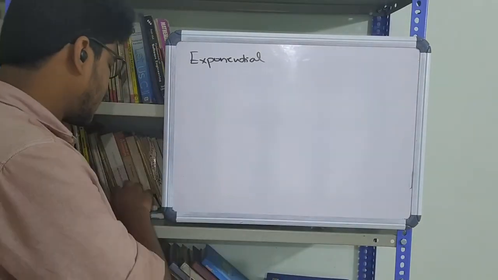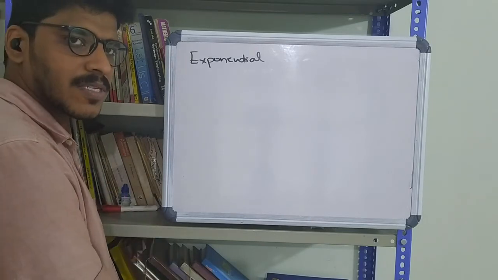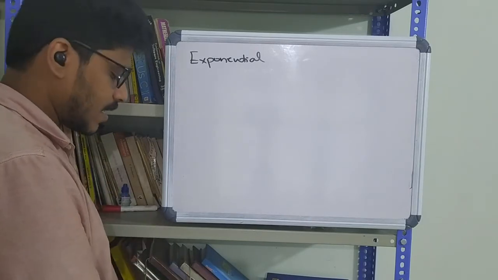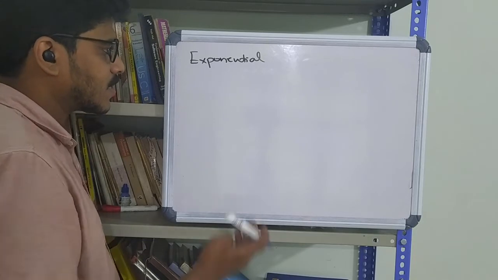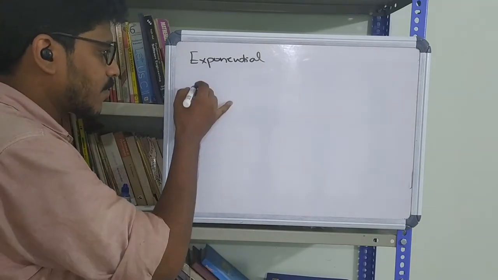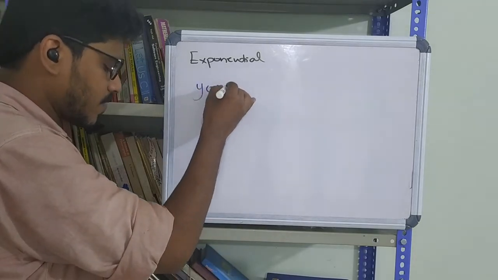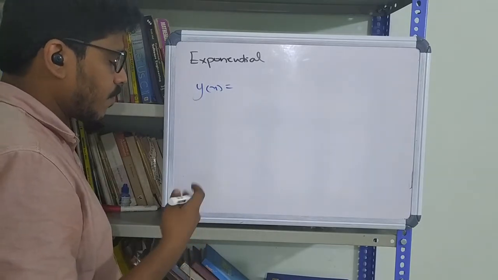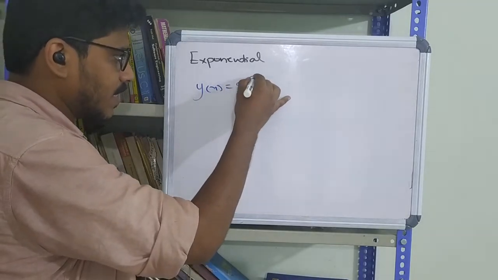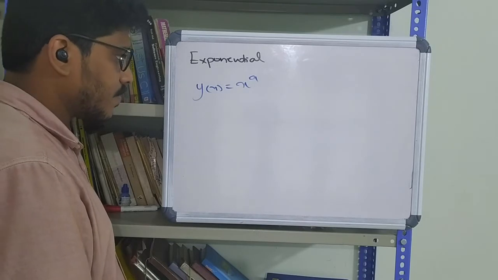We have seen a function which is similar to the exponential function in our previous analysis, like the power functions. How did the power function look? A power function was of the form y of x equal to x raised to a, right?